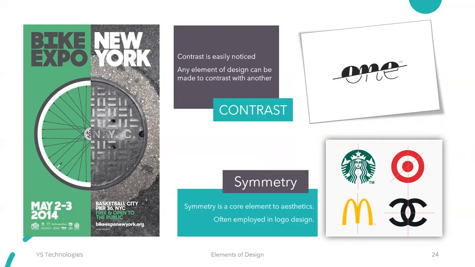A couple of other ideas which you can find in different designs: contrast and symmetry. The image on the left is a poster for an event, and that has an asymmetrical, contrasting theme. The left side and the right side are very, very different. The left side is not real. It's a cartoon. It's a graphic.